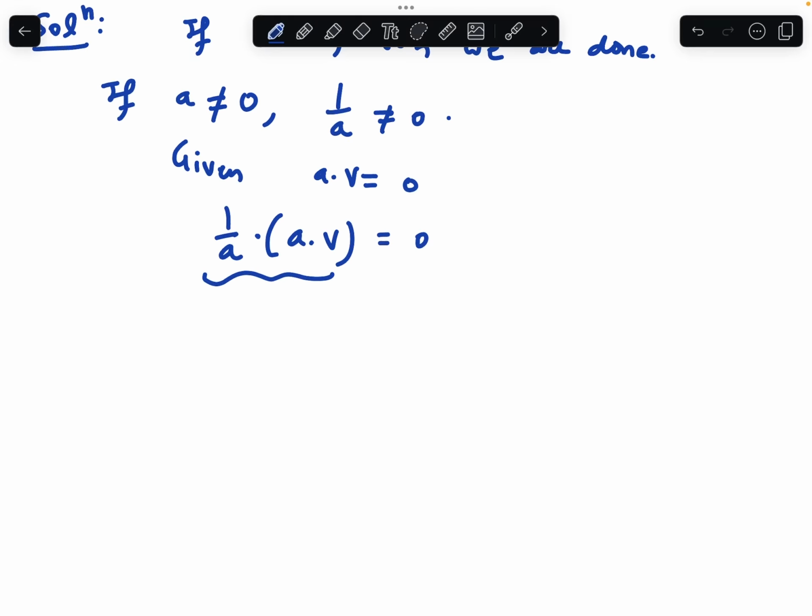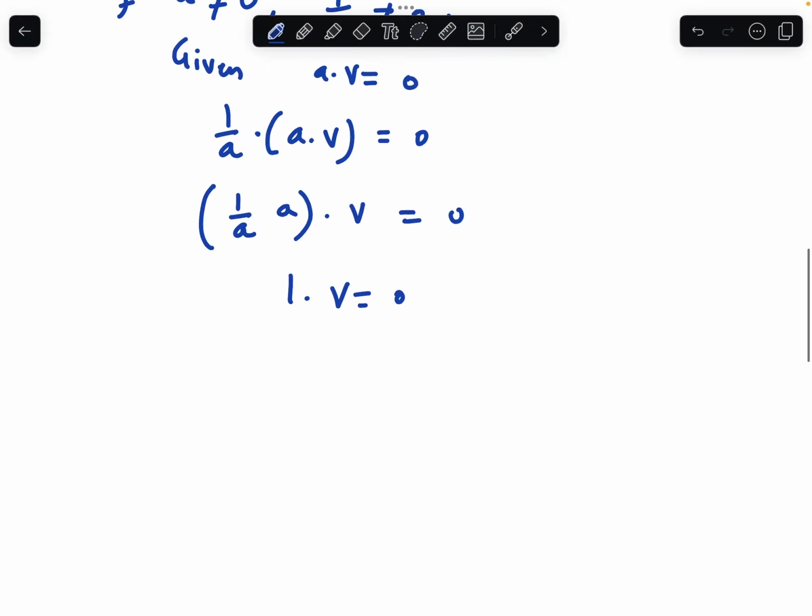And here we can use the associativity to obtain 1 by A into A dot V. No dot between these two elements, because these are just numbers. We are using dot between a scalar and a vector, and here both are scalar. So what is this? This is nothing but 1. So we have 1 dot V equal to 0.